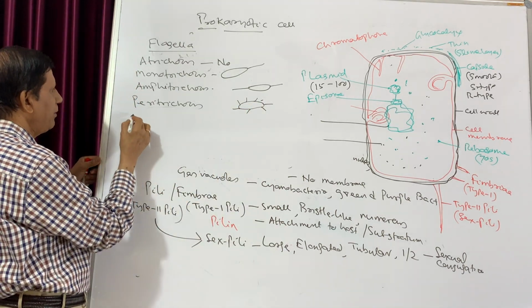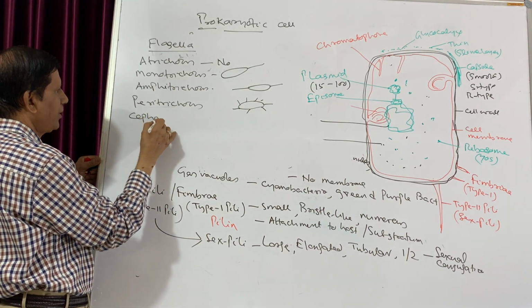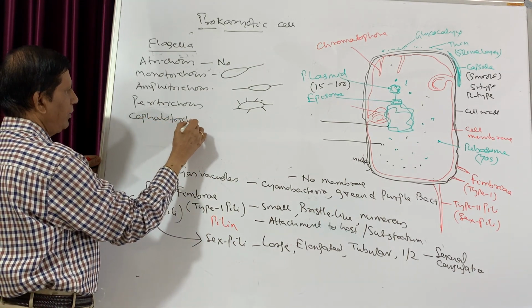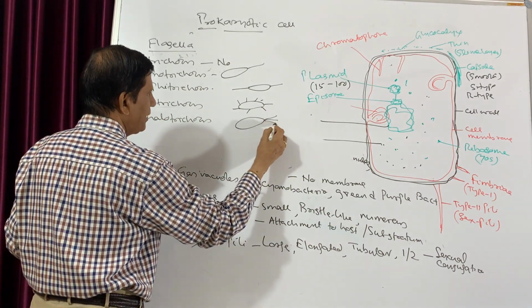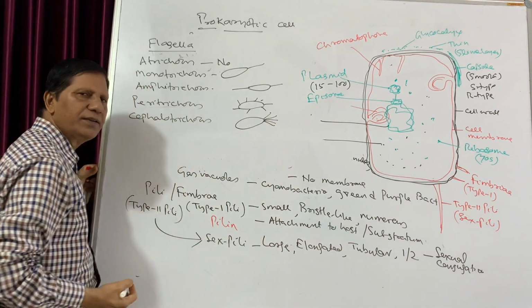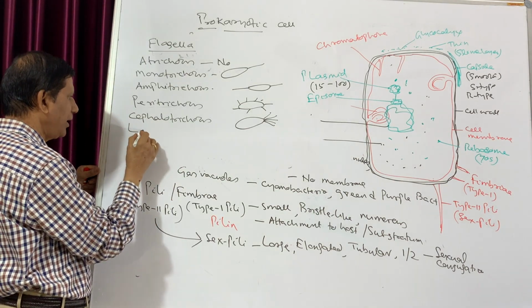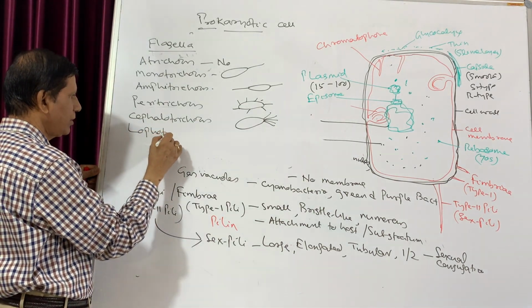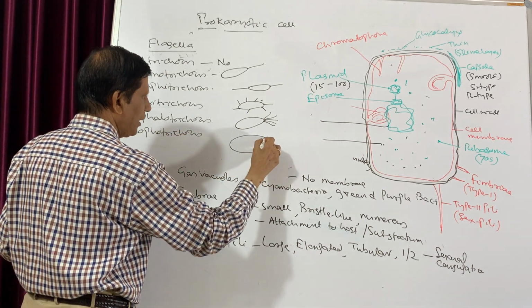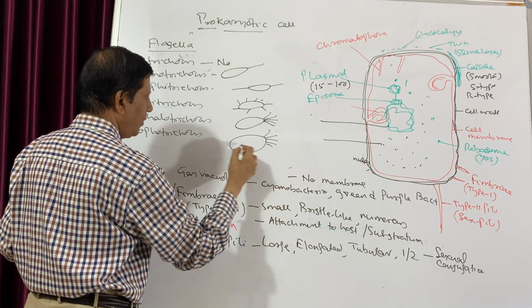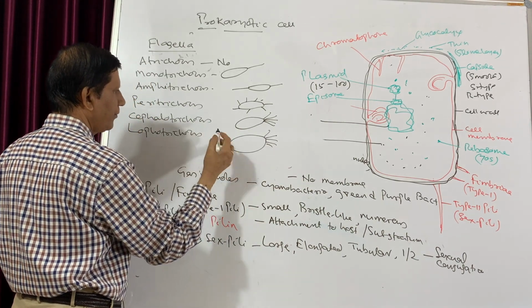Then it may be cephalotrichous, where there is a bunch of flagella at one end, and the other one is lophotrichous, where there is a bunch of flagella on either pole.